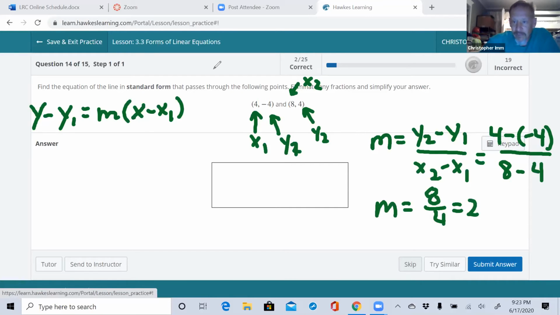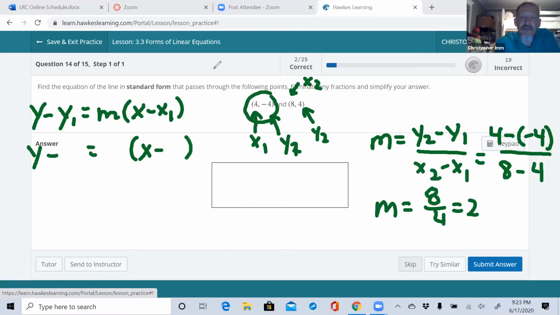Okay, now I can plug in my 2 for my slope. I can plug in one of my points here. I'll just plug in this one. So over in my formula here, I'm going to have y minus negative 4 is equal to my slope times x minus 4.